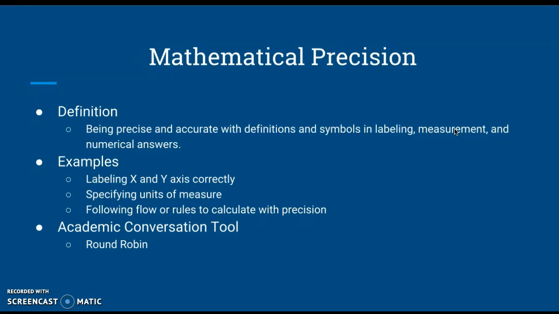In round robin, students are placed in groups of 5 to 7 students at a table. The teacher provides the problem, and then the first student writes down the first step to the solution. The second student looks at that first step and either corrects it or continues the problem if the process is correct, and so on until the students in a group solve a problem together. So that is a good way to do this.